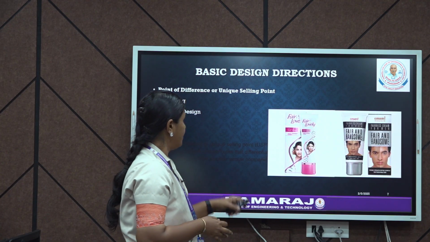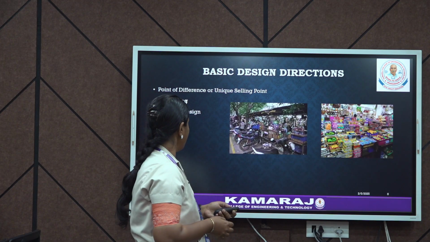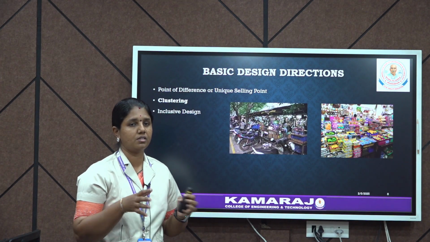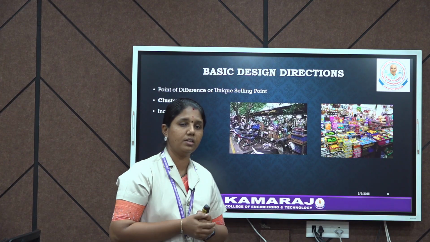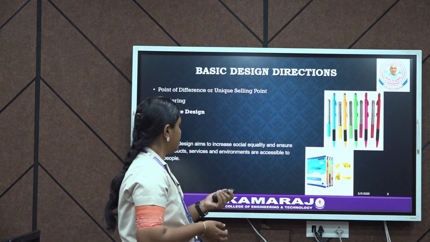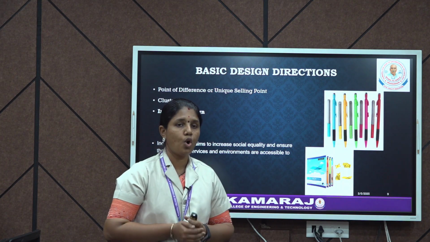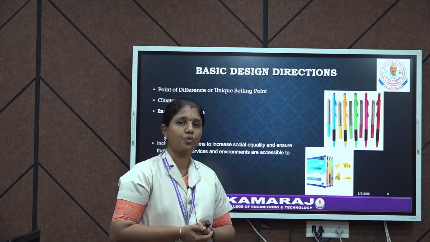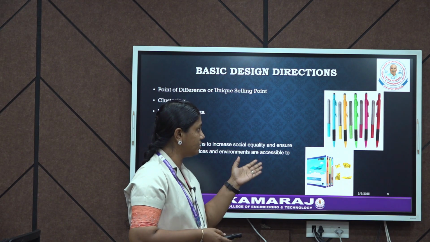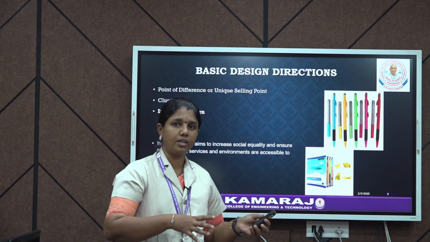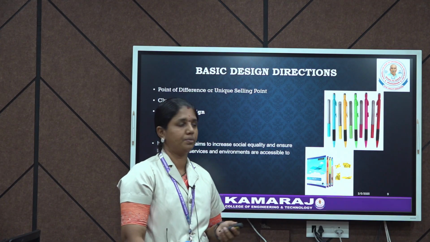That is the unique selling point. And then clustering is a group of items which are in one place. And inclusive design is common to society, the designs or products used commonly, for example a notebook or pen, used by all categories of people, from children to old age.